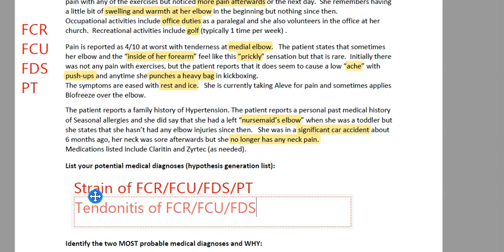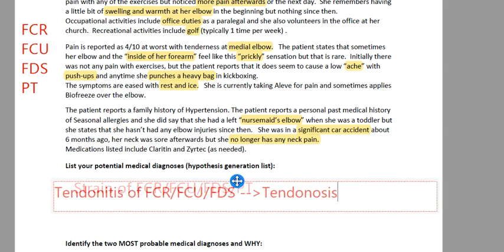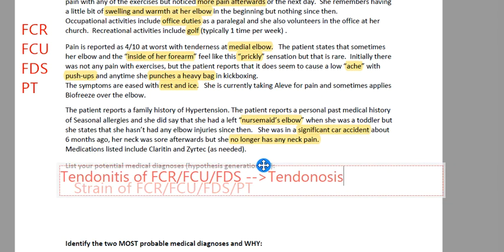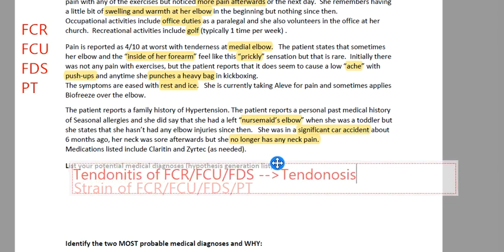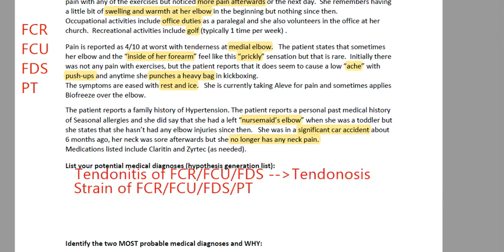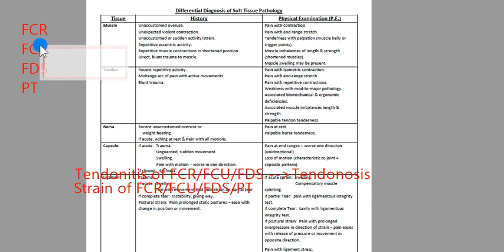But since we know that it's been 2 months and she hasn't had any swelling lately, now we're thinking this is actually more of a tendinosis of those structures. So that is a possibility as well. So those are some potential diagnoses. Let's go back to this list here.